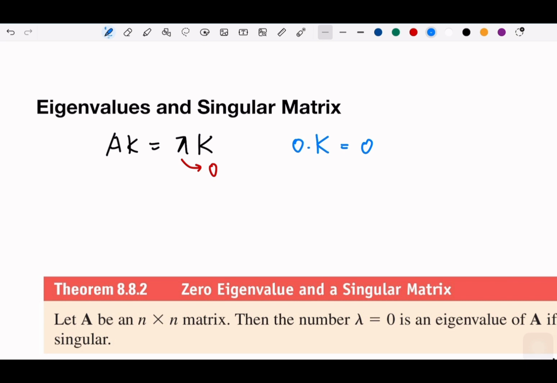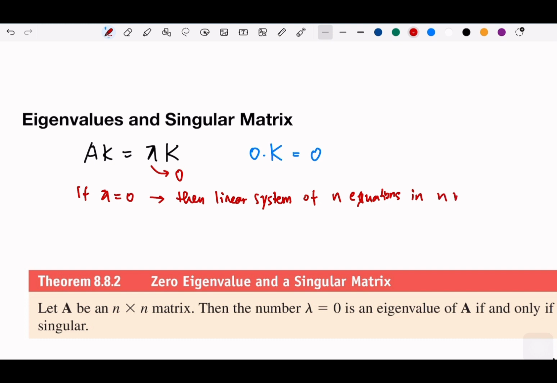So if lambda is 0, then the linear system of n equations in n variables must have a non-trivial solution vector k.